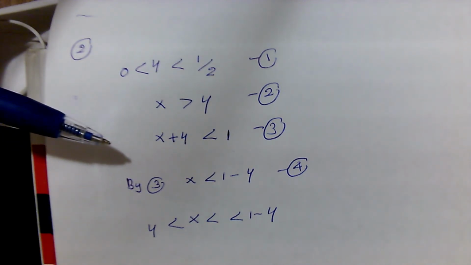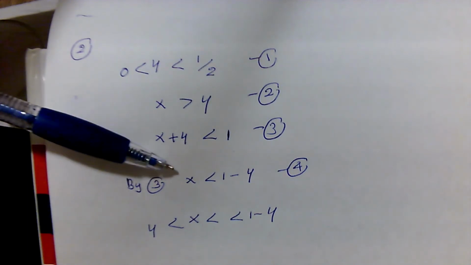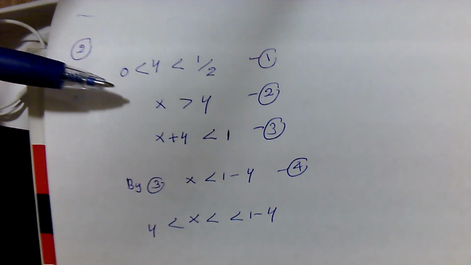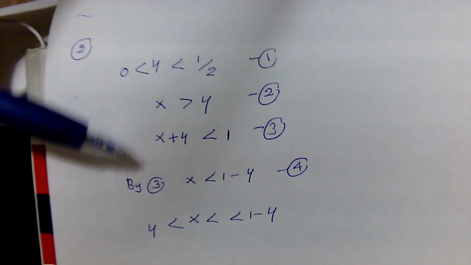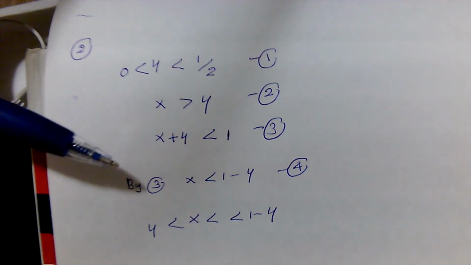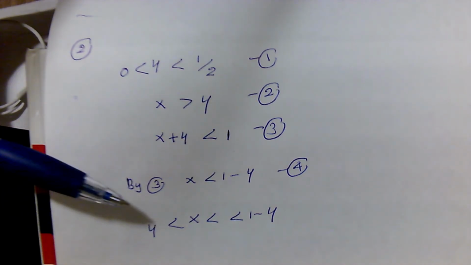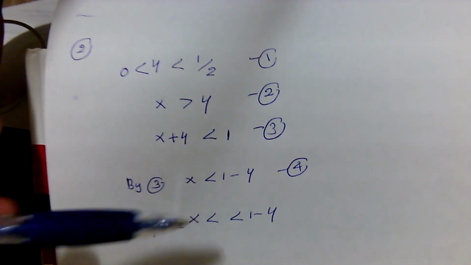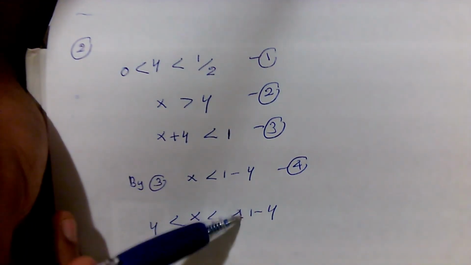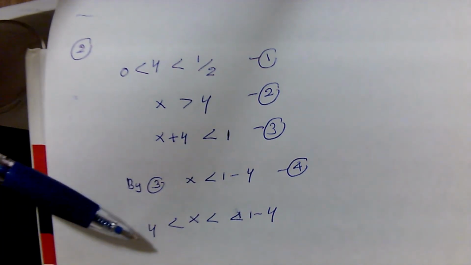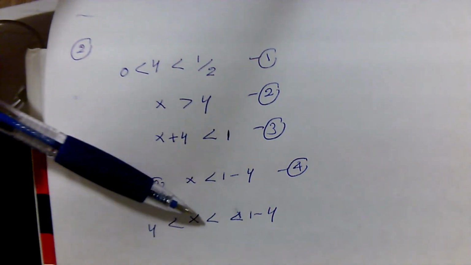So now I have what? x is less than 1 minus y, and also I have x is greater than y. So if I combine inequality 4 and 2, I can write the range of x, so there should be no inequality here. My range of x should be y to 1 minus y.